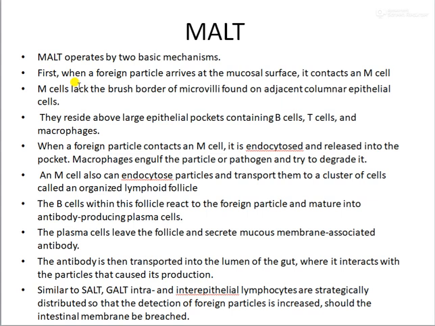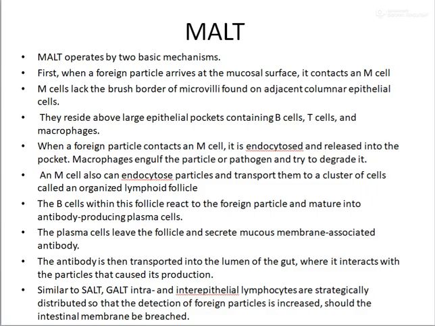The antibody is then transported into the lumen of the gut, where it interacts with the foreign antigens that caused its production. And so you can see that both intra and interepithelial lymphocytes are distributed, and they play an important role in the detection of foreign particles.